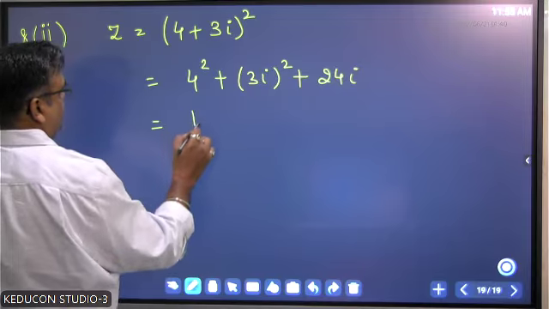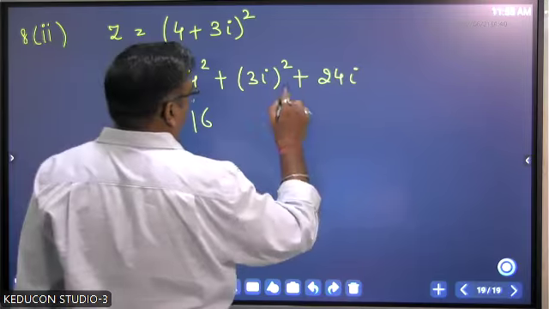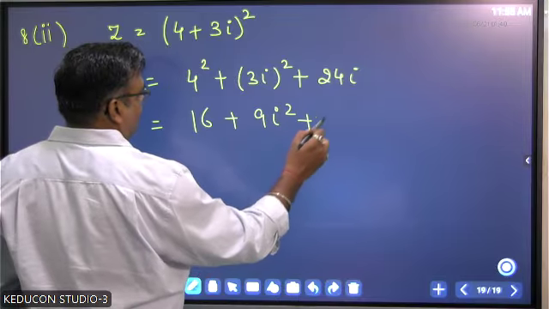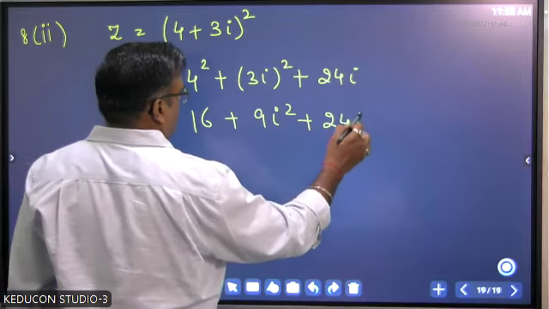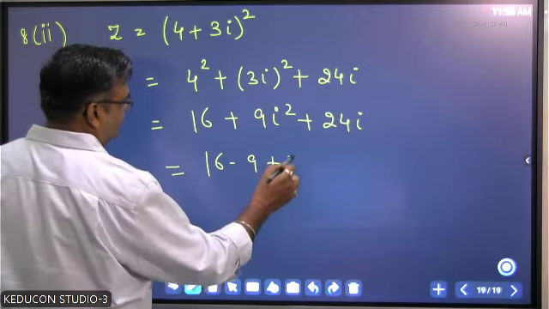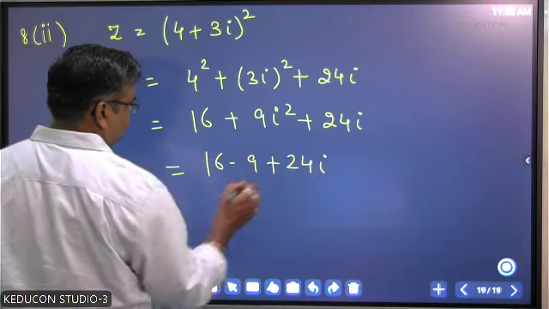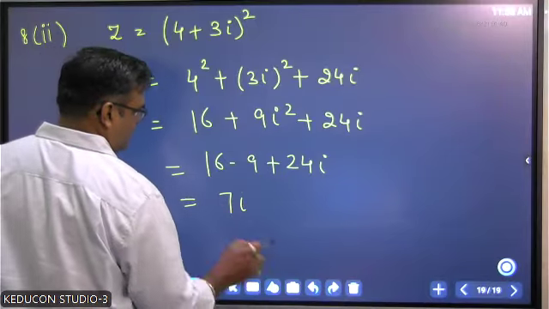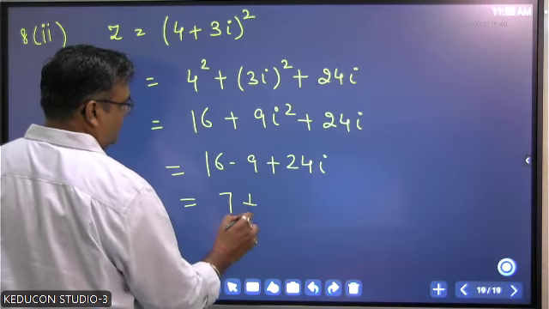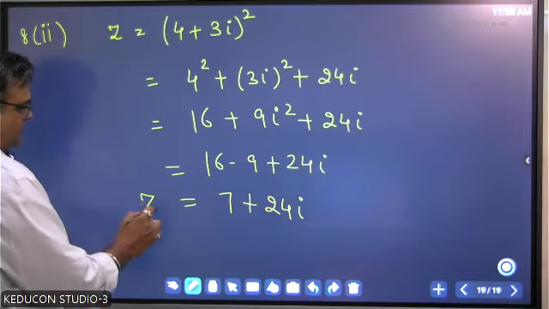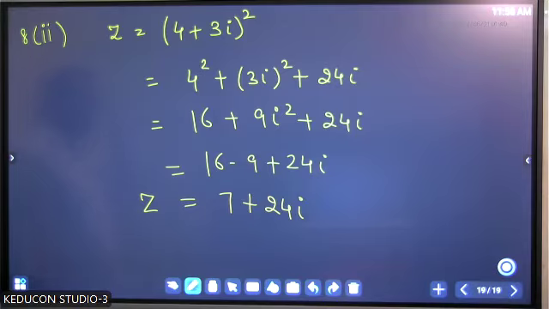This comes out to be 16 plus 9 i square plus 24 iota. 16 minus 9. This comes out to be your complex number in the form a plus iota b.